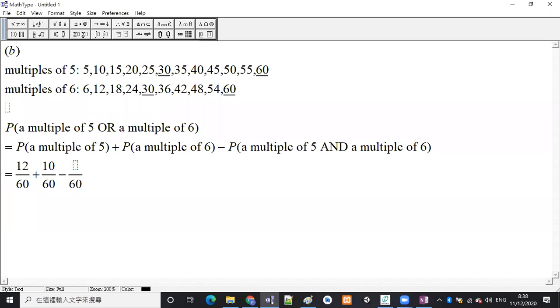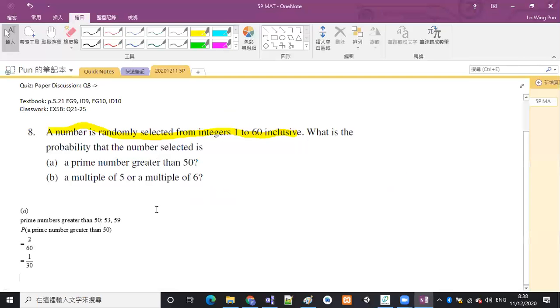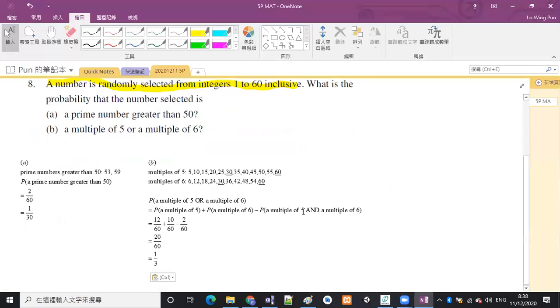There will be 10. For the third fraction, are there any numbers which are at the same time a multiple of 5 and a multiple of 6? Yes, there are 2 of them, so it will be minus 2/60. Finally, just do the calculation with your calculator, and you get 20/60. Simplifying the answer, it should be 1/3. So that is the answer of part B.